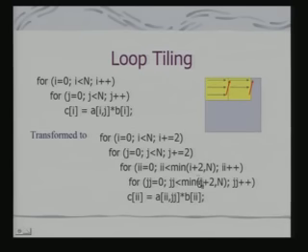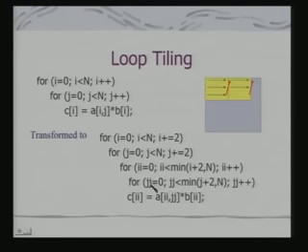Now, how to do that? If you look in here, the way I have reorganized the indices, it is providing for access of parts of it. So, if you see here, I am incrementing i in steps of 2 and not 1. I am incrementing j in steps of 2, and here I am assigning ii, which is a new index, and jj, which is again a new index which I have brought in.